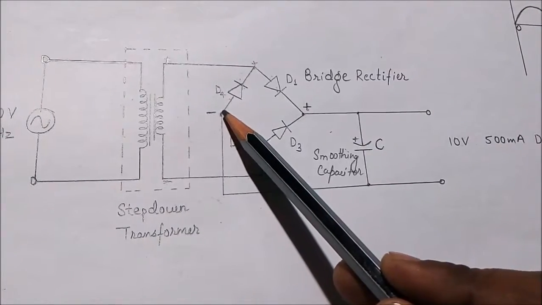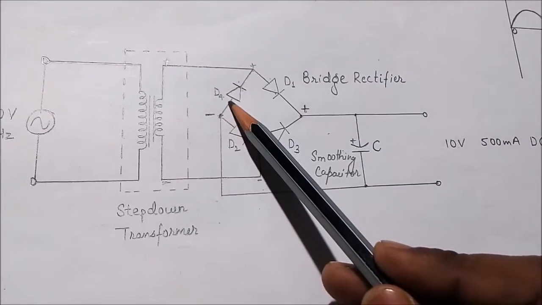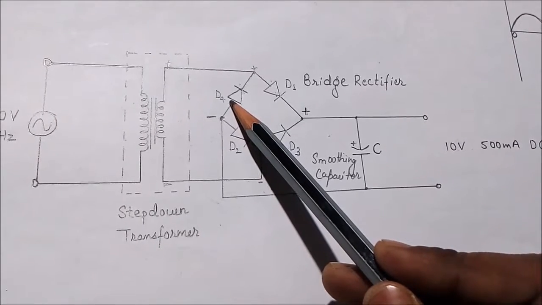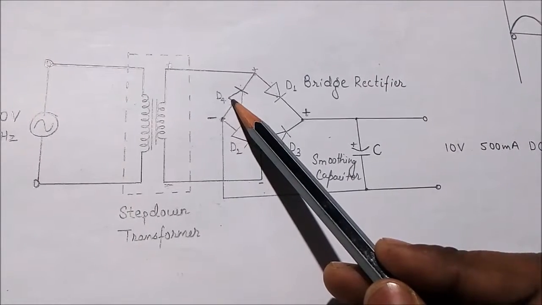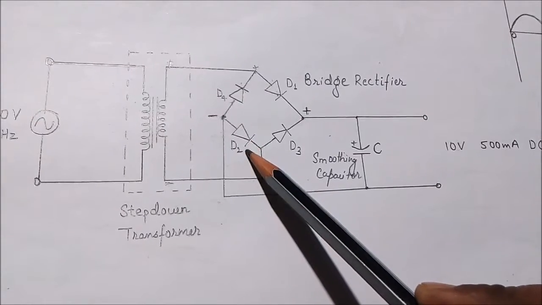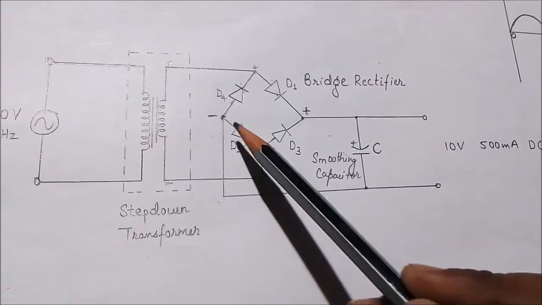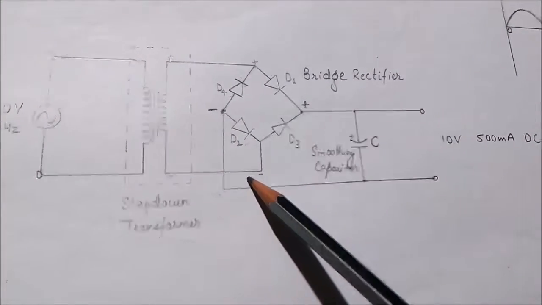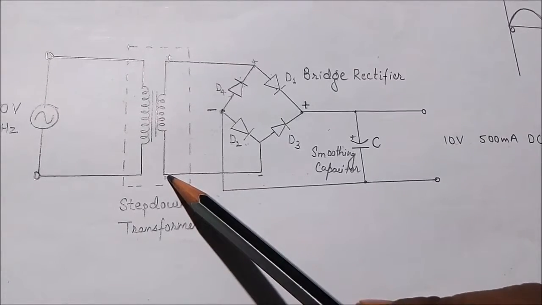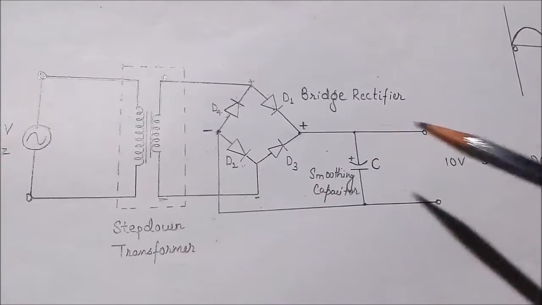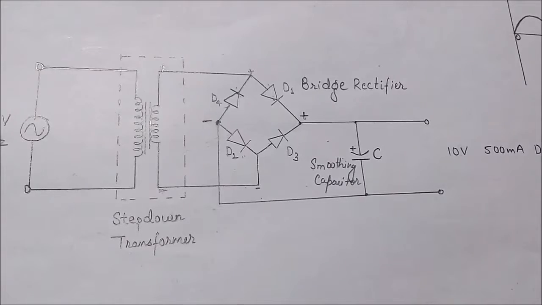Now when it comes here, the diode D4 will be reverse biased and the diode D2 will be forward biased. So it will flow through this, and by this the circuit will be completed, and we get a DC output voltage at the output side.